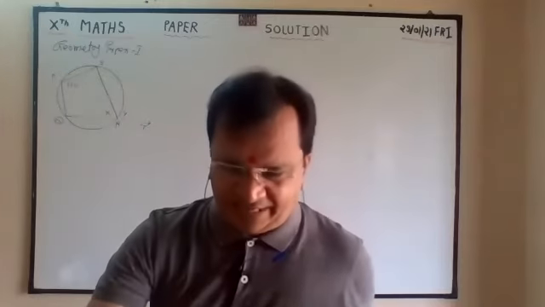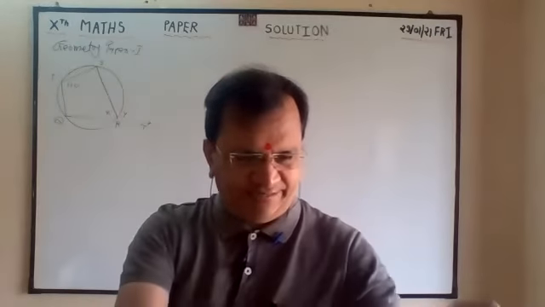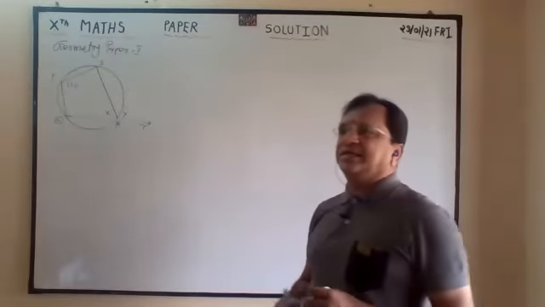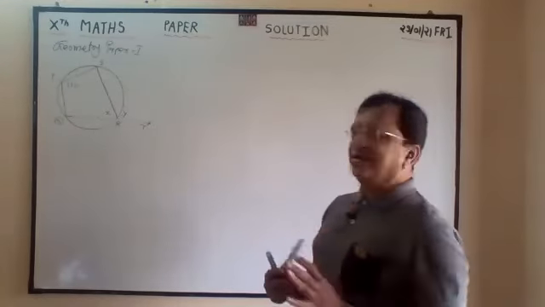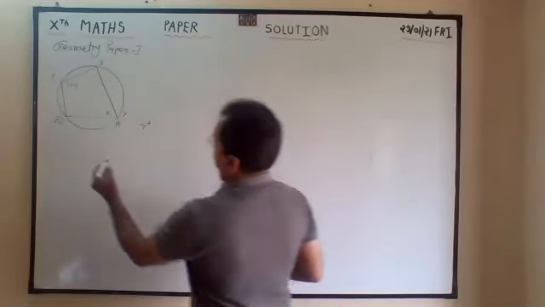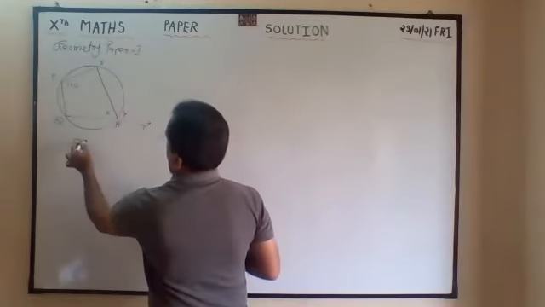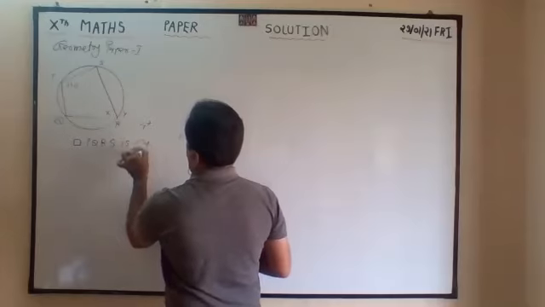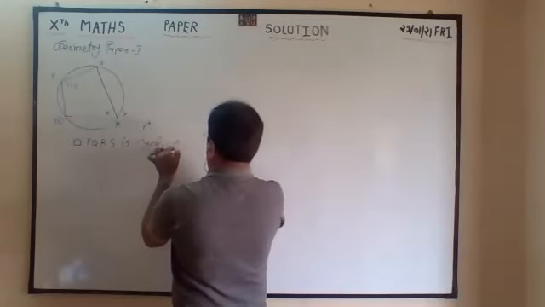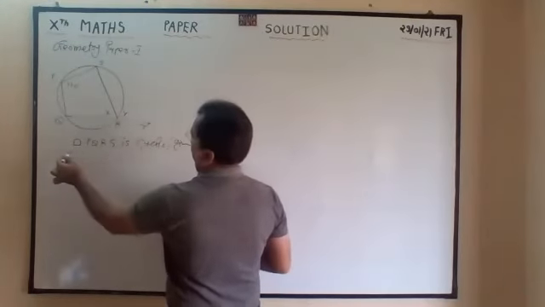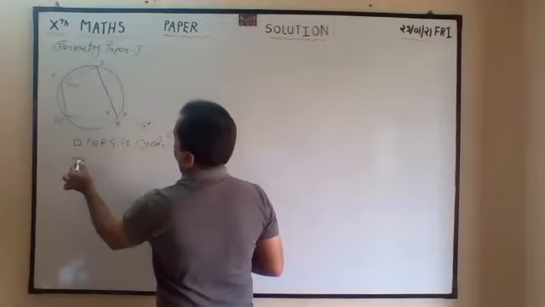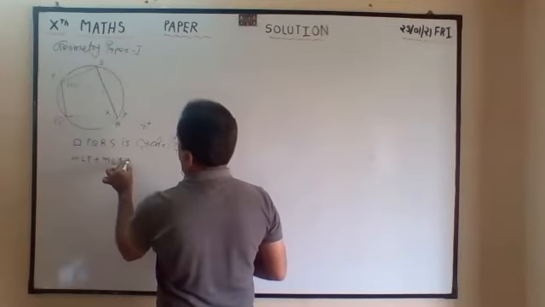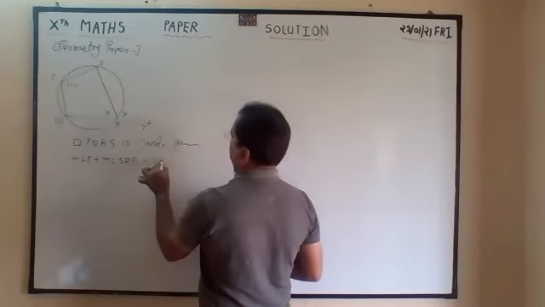We have to find X and Y. It is given that quadrilateral PQRS is cyclic. Therefore, measure angle P plus measure angle SRQ, being opposite angles, is 180.